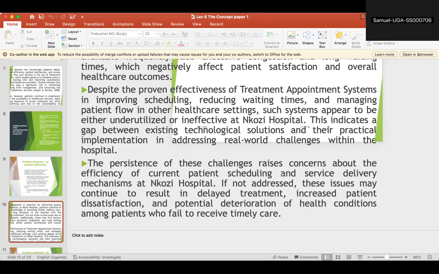So we can omit that word, assessment, and then it remains. What would be a working one? Yes, please. Okay. Now rephrase the entire topic.